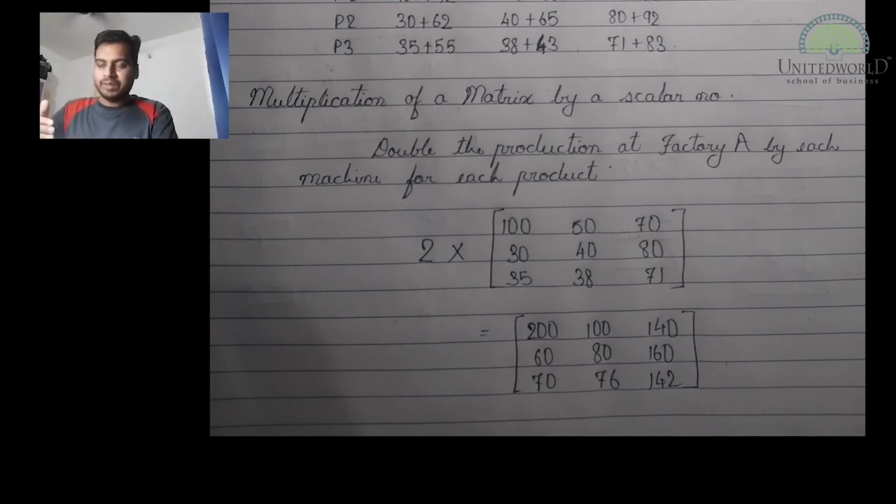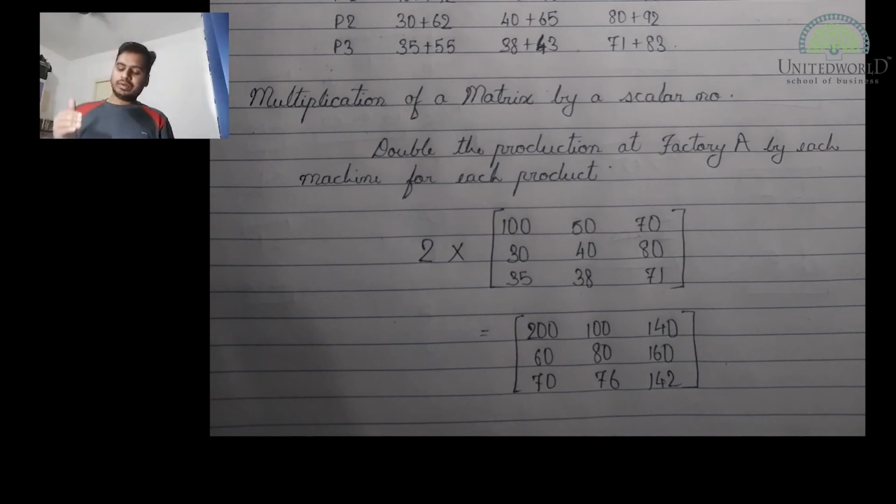Whenever you multiply a matrix by a scalar number, that scalar number gets multiplied to each and every element of that matrix. The matrix here was 100, 50, 70, 30, 40, 80, 35, 38 and 71. Each of those elements will get multiplied by 2. So 100 will become 200, 50 will become 100, 70 will become 140, 30 will become 60 and so on.